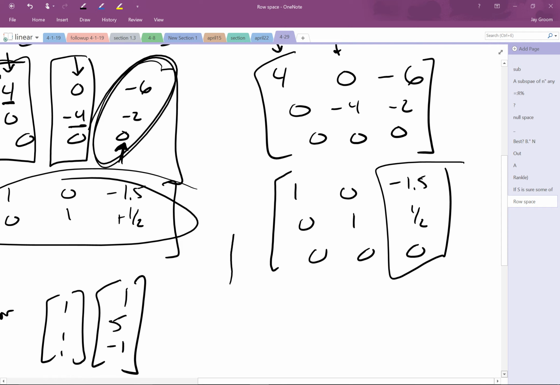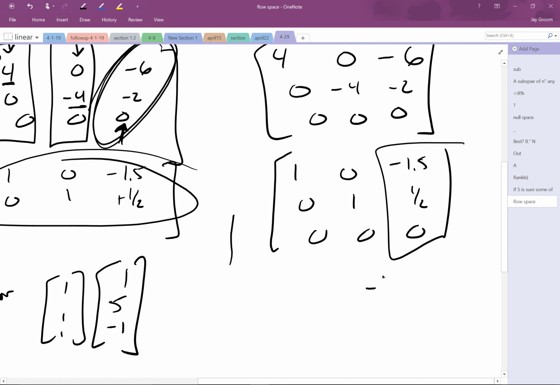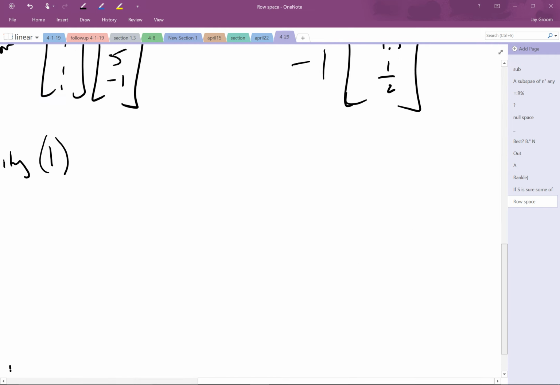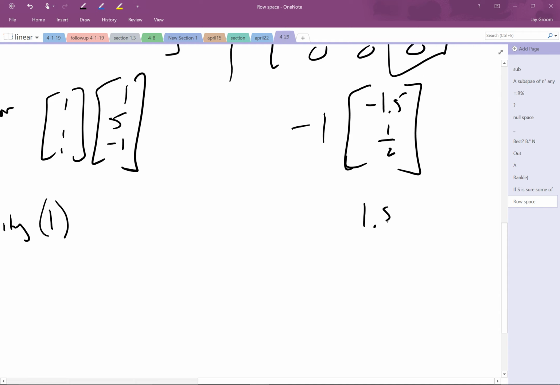So our null space will be given by negative 1.5, 1 half, and now before we get carried away, we're going to multiply this guy by negative 1 to change the signs. Always want that top one to be positive.